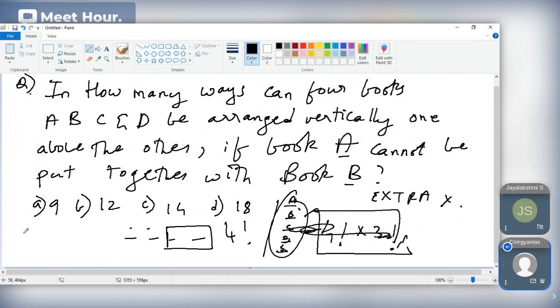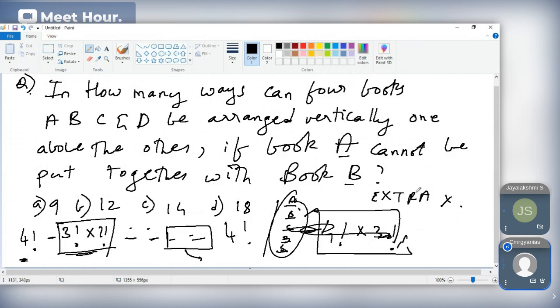First one is 4 factorial, minus 3 factorial into 2 factorial. Understood? So if you subtract this, you'll get the final answer.